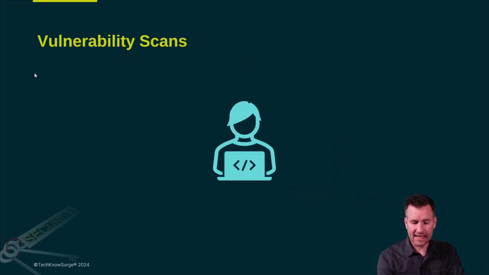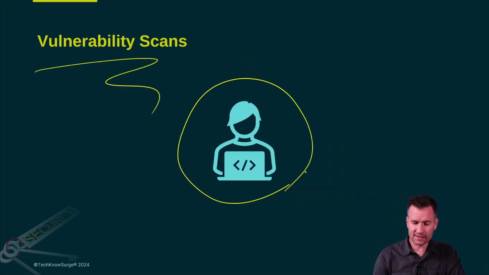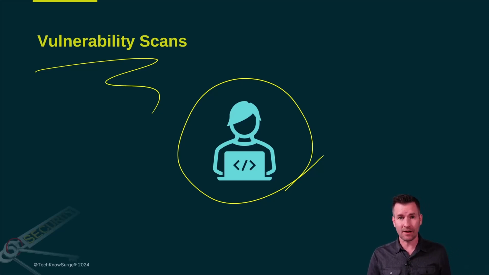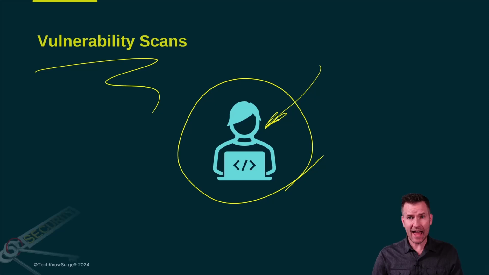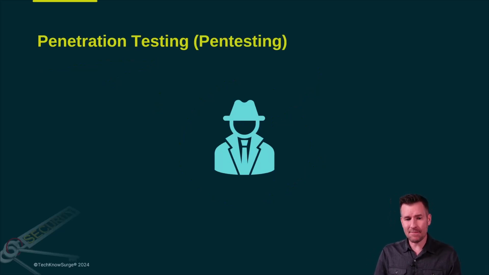Now, vulnerability scans could be that we just have some sort of software that we're running on our network and it's discovering issues that we have on our network, vulnerabilities that we have on our network. So this would be a fast way to understand: do we have vulnerabilities on our network? If we wanted to take it to the next step though, we may do some sort of penetration testing.